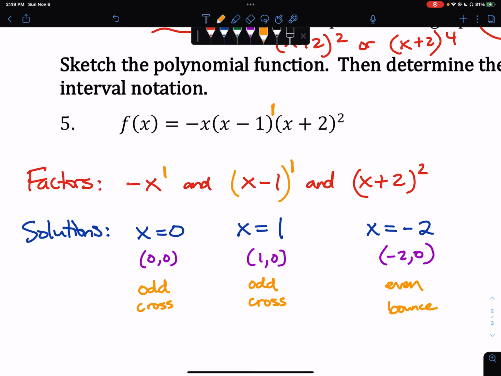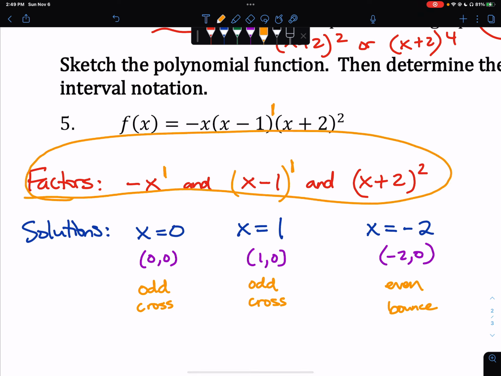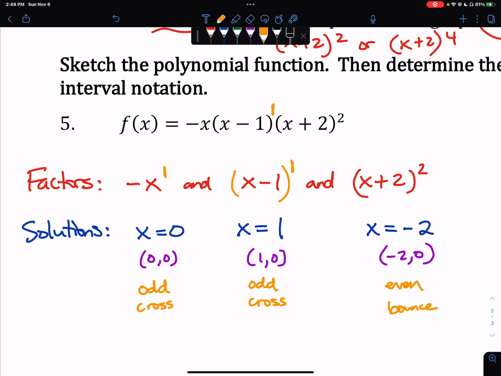I'll show you what that means in terms of cross or bounce in just a second. But that's how we find it. We look up here in the factors area, at each individual factor, and we look at the exponents. Are those odd or even? Odds will cross, evens will bounce.